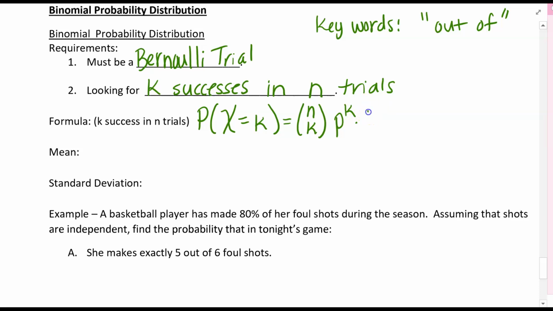On the formula sheet on the AP exam, it'll show up as 1 minus P to the N minus K. But I don't like using that one, I use the Q. So this is the same thing as N choose K, P to the K times Q to the N minus K.